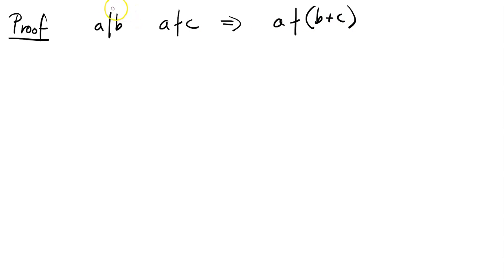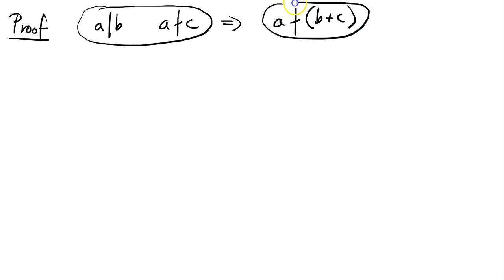And that means that let's assume that this is the case. But let's assume at the same time that this is not the case. So that means that let's assume that A does in fact divide B plus C. So we assume that this is the case and also assume that this is the case. And then we will show that it follows a contradiction or something nonsensical.